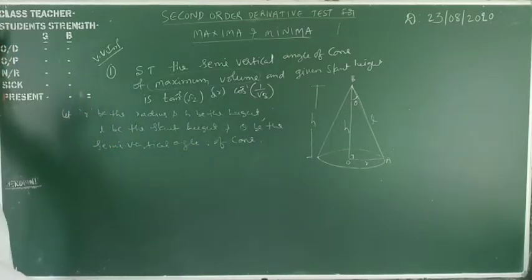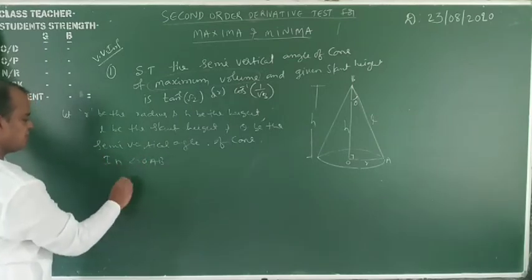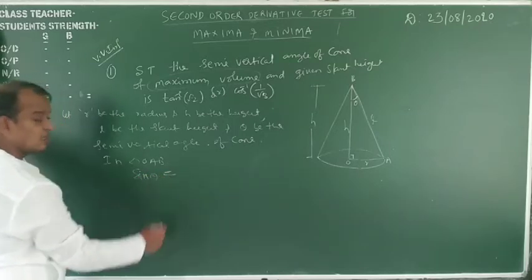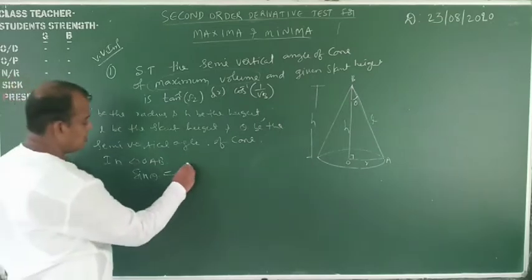Now in triangle AOB, write sin theta. What is the formula of sin theta? Sin theta is equal to opposite side by hypotenuse, that is r by l.